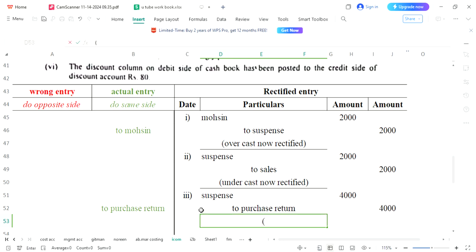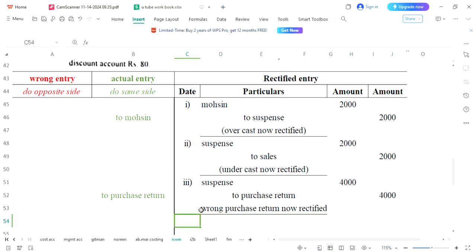So we will say wrong purchase return now rectified. Alright guys, in this way our third entry is completed.